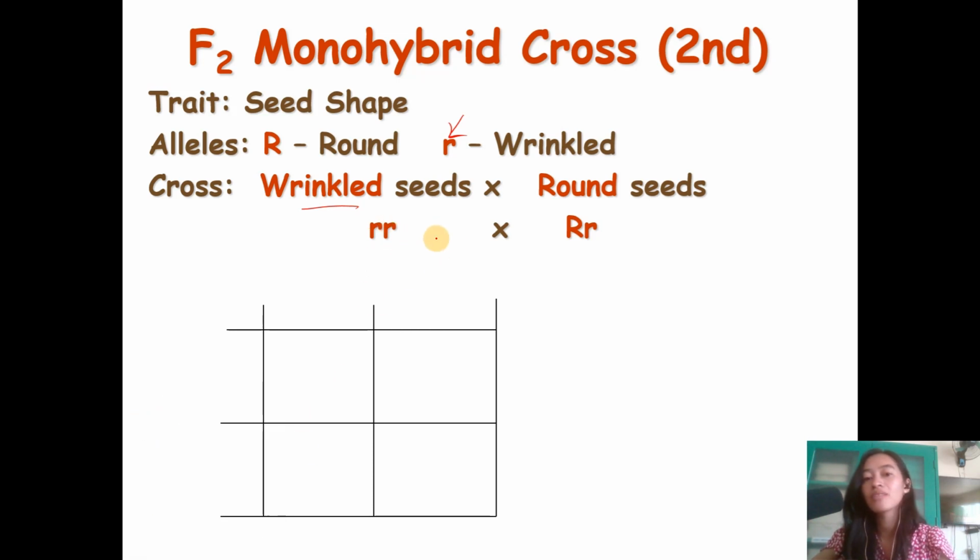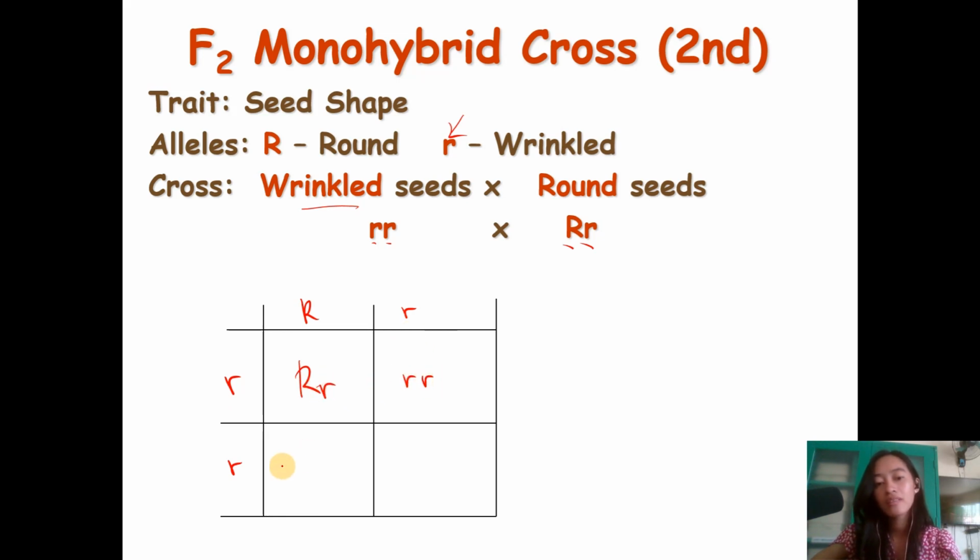For example, if given small r and big R, small r, again write it on the side, then combine them, capital letter first. All small letters here. That's it. So the result would be the genotype.